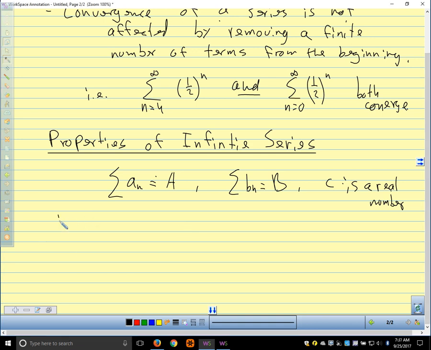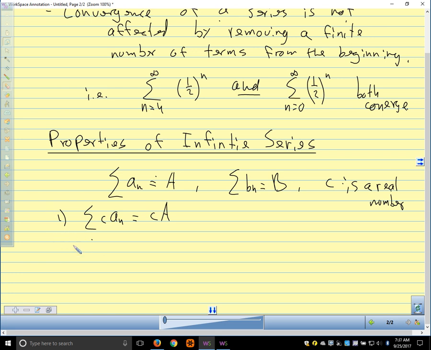If we multiply each term by a constant, this just multiplies the sum by a constant. So you can factor out a constant term, and that's what we did in the example. We had a 23 over 100 that was common to each term, and we just factored that out.